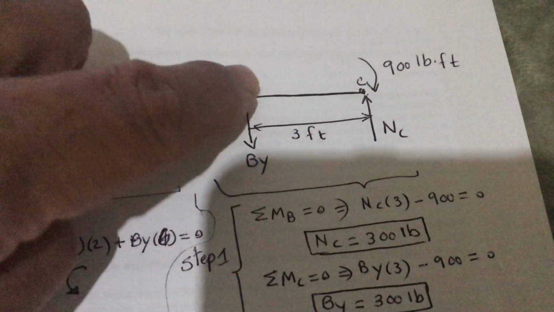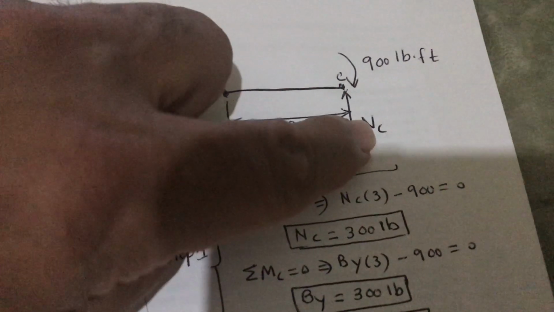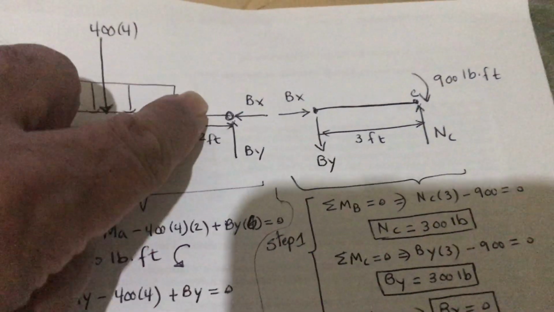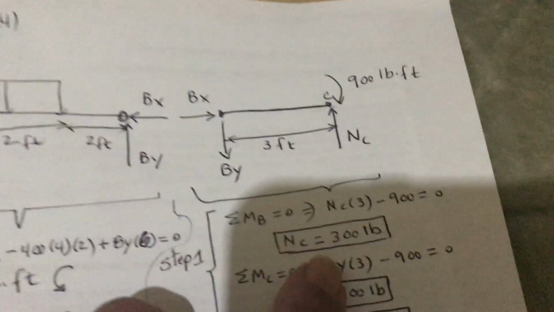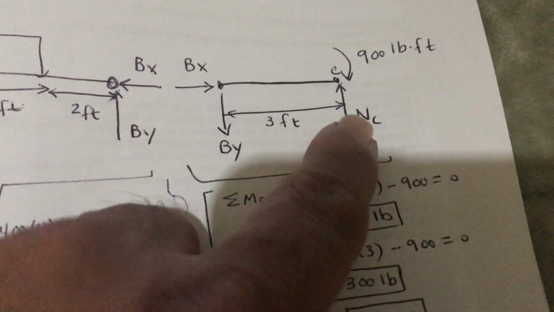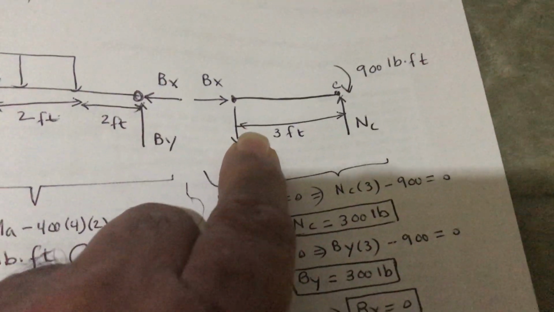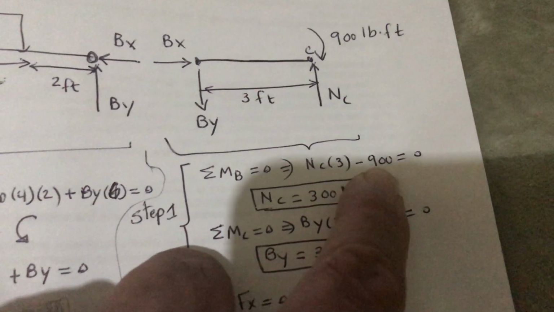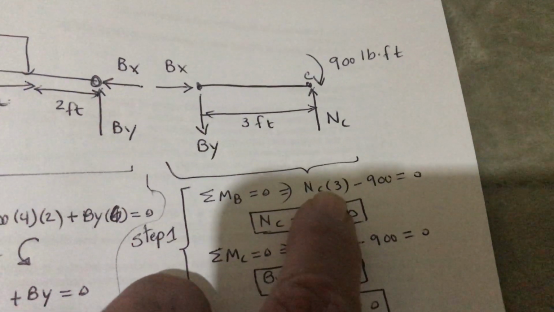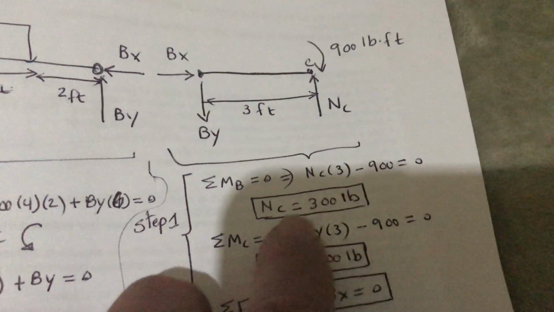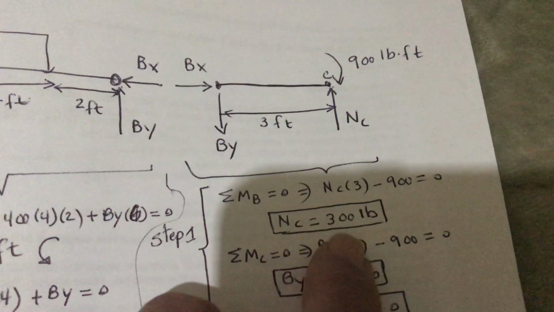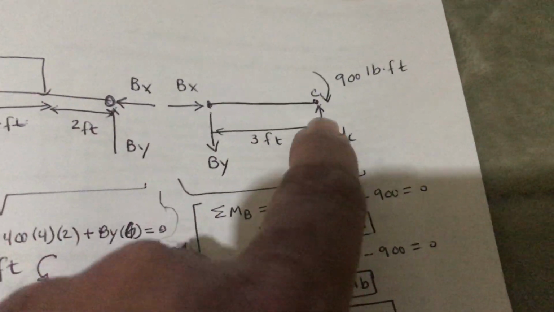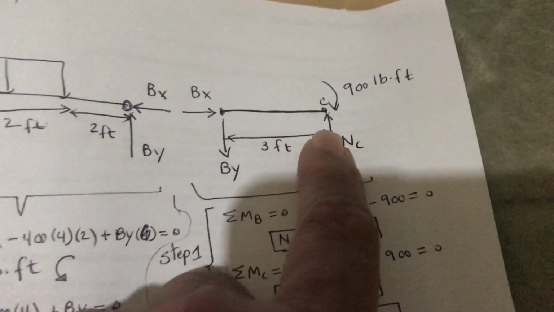The normal force at C, CY, will rotate in the plus, so NC times 3, and of course this one is going to go in the negative, minus 900. So NC times 3 minus 900 equals 0. Now you could find the normal force at point C, 300 pounds, 900 over 3.